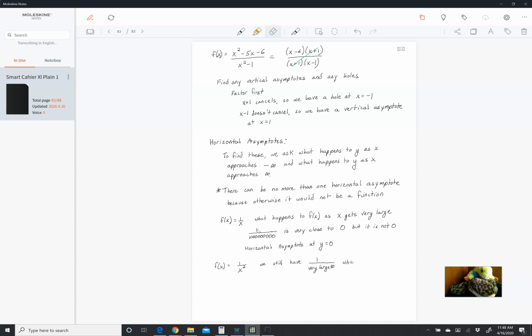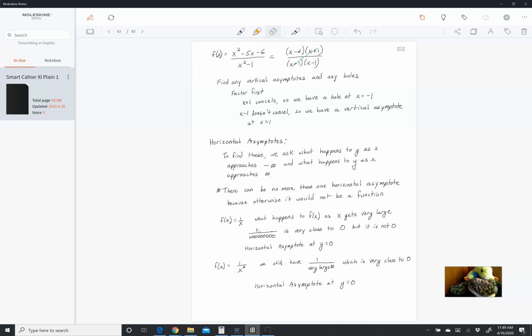It's very close to 0, but it doesn't reach 0. So again, our horizontal asymptote is at y equals 0.